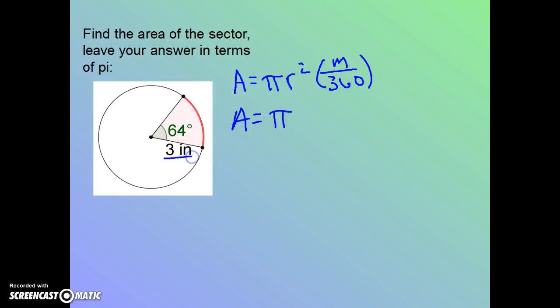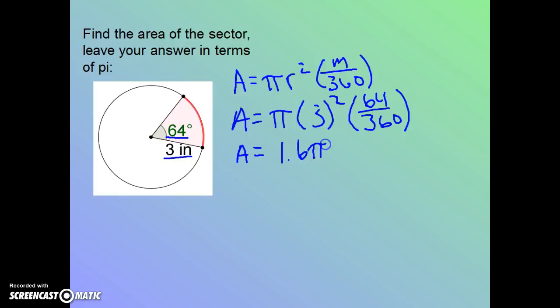R in this case is 3 inches, so I'm going to multiply by 3 inches squared, and the measure of my central angle is 64 degrees. So again, I'm going to use my calculator and push everything in, and the result that I end up at is 1.6 pi inches squared.